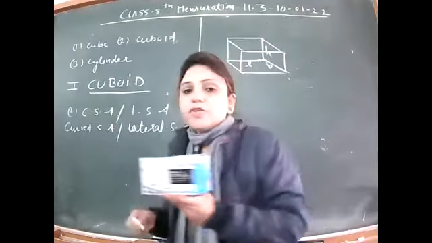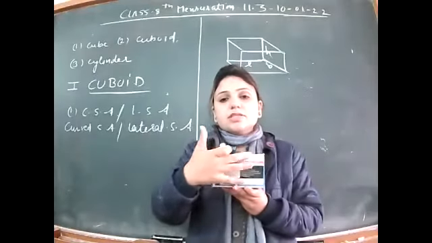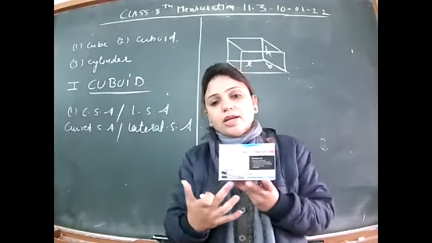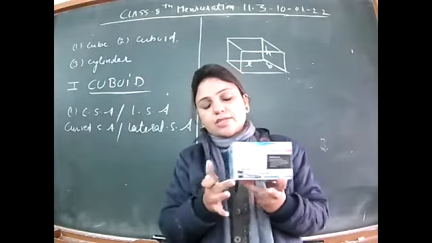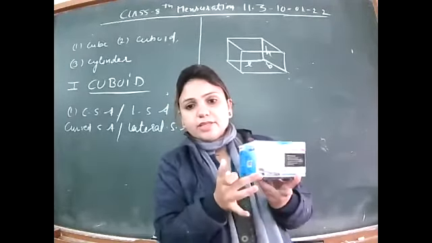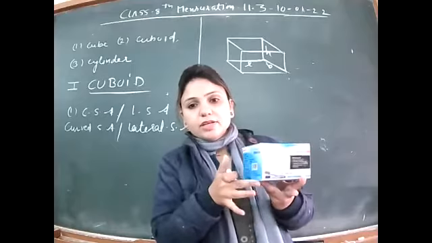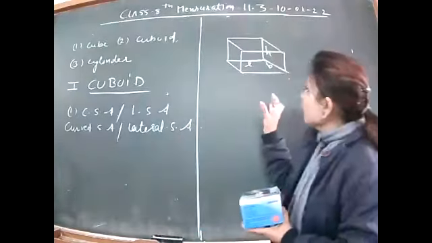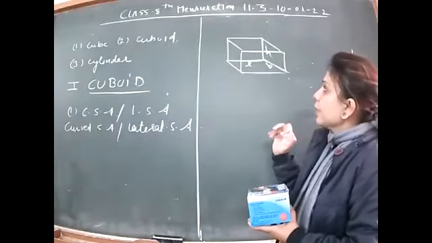That means if we see this is the length, this is the height, length, height, and this is the width. Length in this sense, height in this sense, and width in this sense. This we know. Right? So पहले तो हम सारे faces के बारे में बात करते हैं.